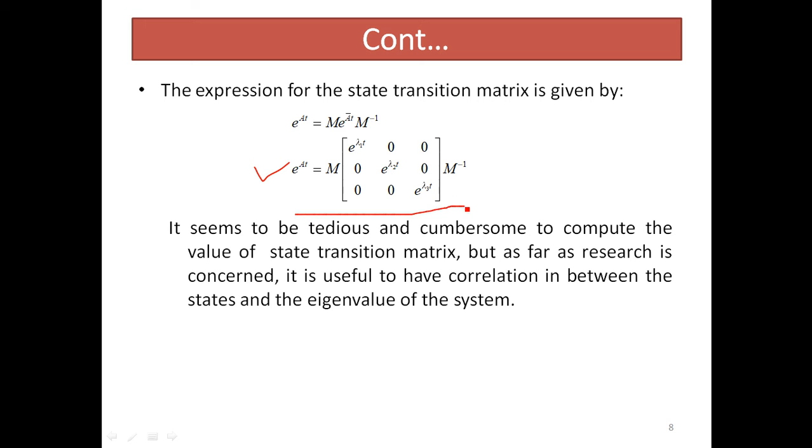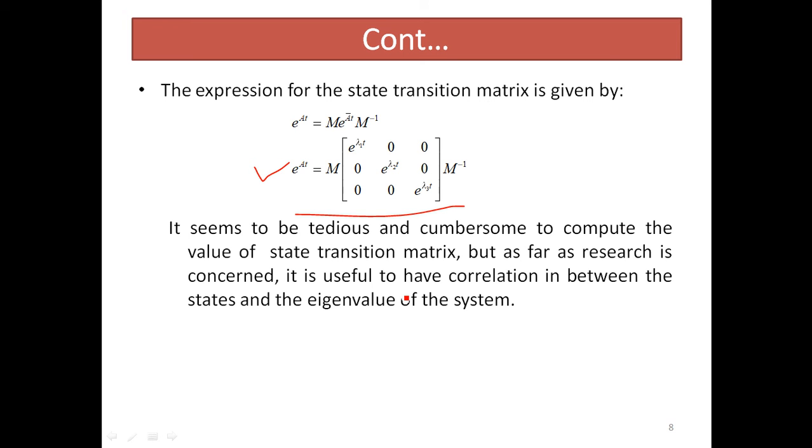So this is the way we are able to calculate the state transition matrix using the diagonalization method. It seems tedious and cumbersome to compute, but as far as research is concerned, it is useful to have a correlation between the states of the system and its eigenvalues.